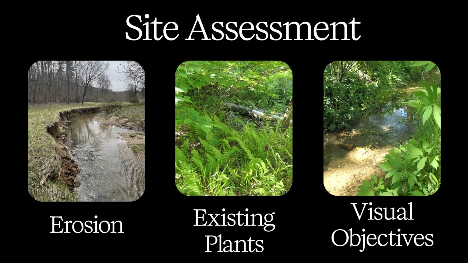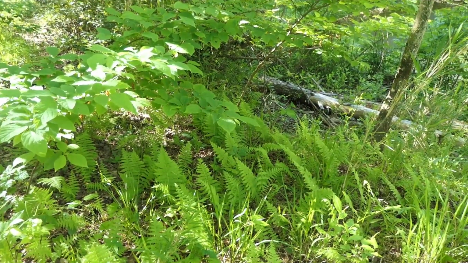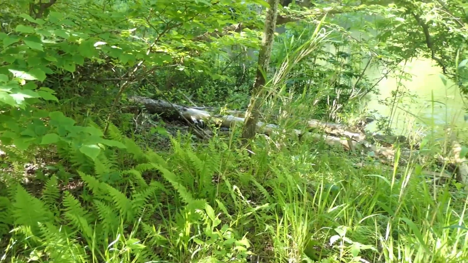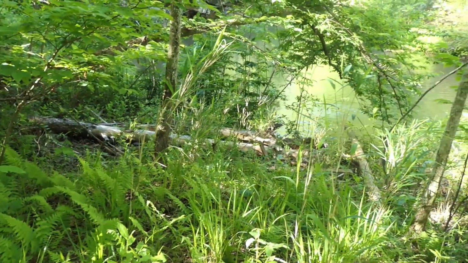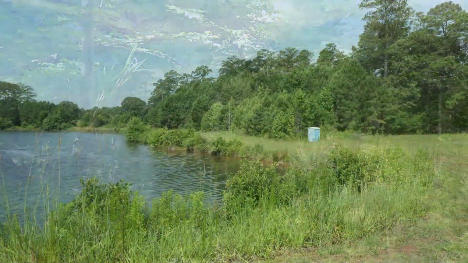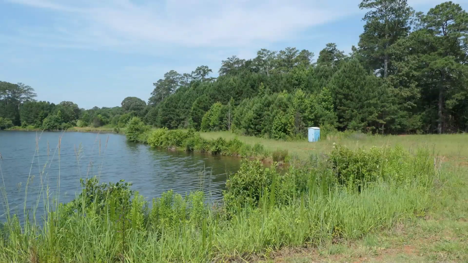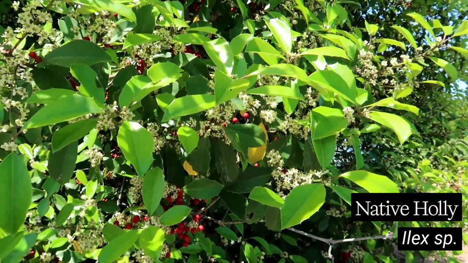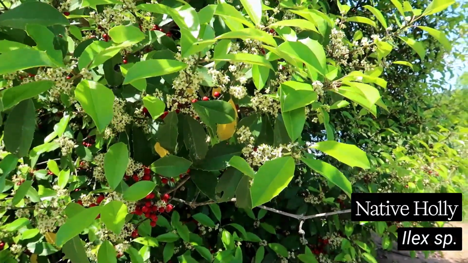Next, take note of any existing native plants. Keeping what's already adapted to the site saves money and builds on natural resilience. Working with what you already have can also mean recognizing valuable native plants that are often overlooked.